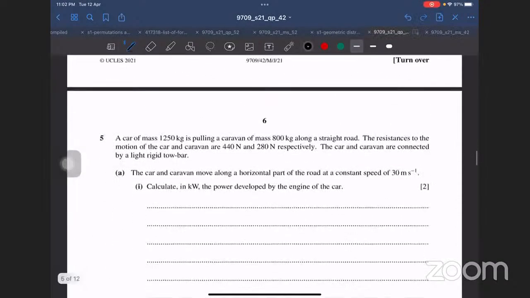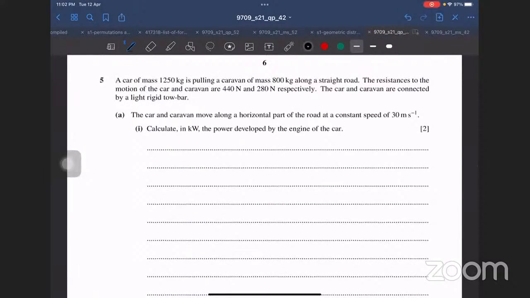Okay. Question number 5. A car of mass 1250 kg is pulling a caravan of mass 800 kg along a straight horizontal road. The resistance to the motion of the car and the caravan are 440 and 280 respectively.